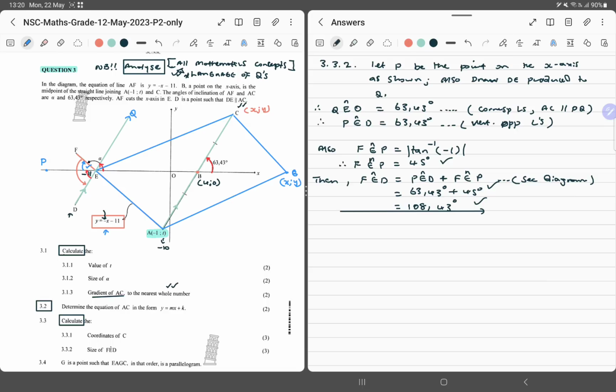If you can see here, this one actually goes in there like that, is it not? But it doesn't really matter. What do we know? If this is a parallelogram, we know that the diagonals of a parallelogram bisect each other.